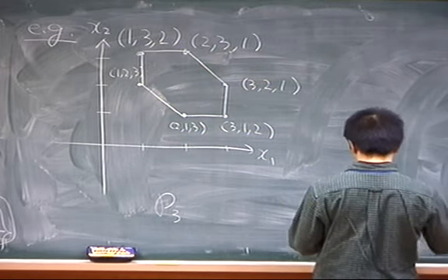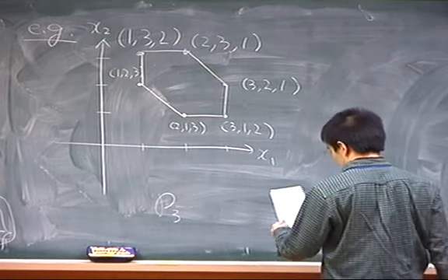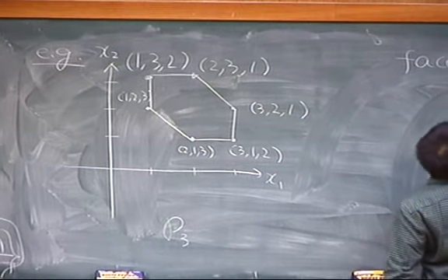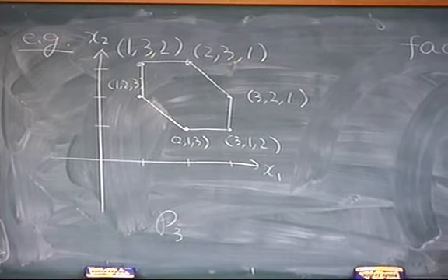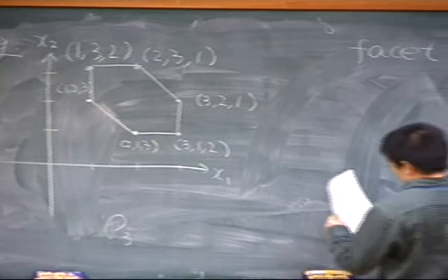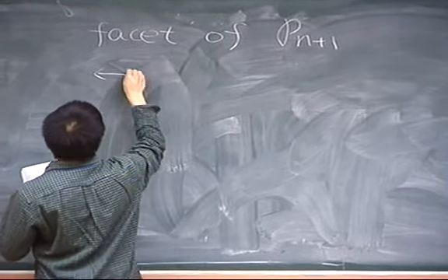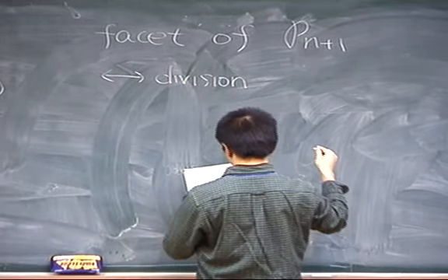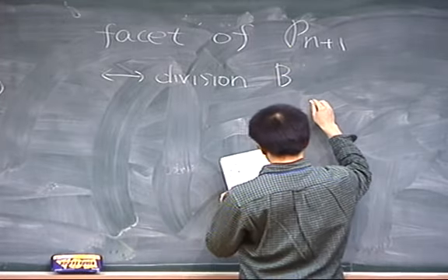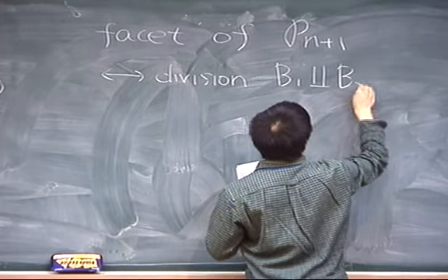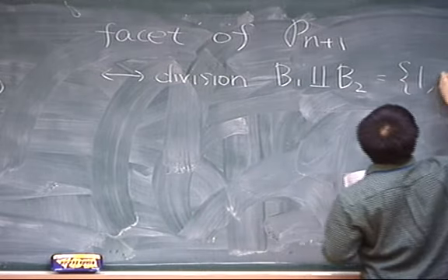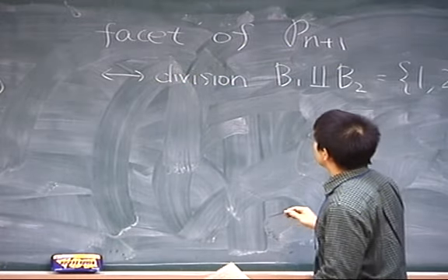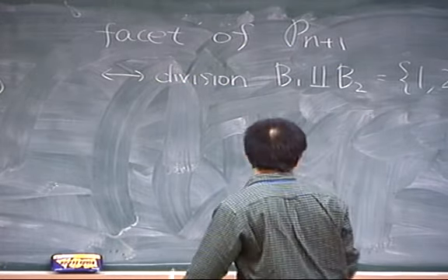So, a facet of P_{n+1} corresponds to a division of the set of n plus 1 points into 2.